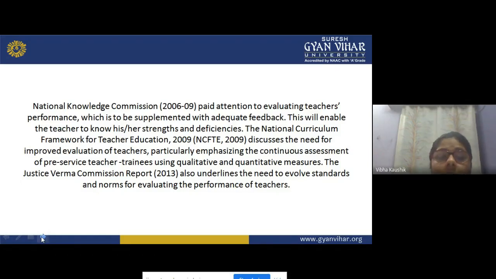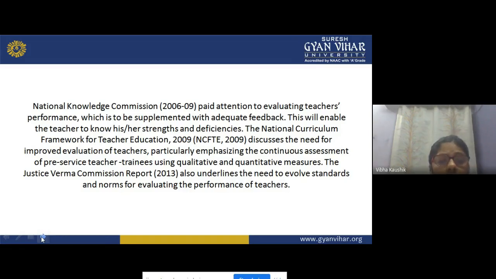Now, what they are saying is that NCFTE focuses particularly on continuous assessment, meaning an evaluation process which continues during pre-service teacher training, using qualitative and quantitative measures. Now they are focusing that we have to assess the performance of the teacher both on the qualitative basis and the quantitative basis.